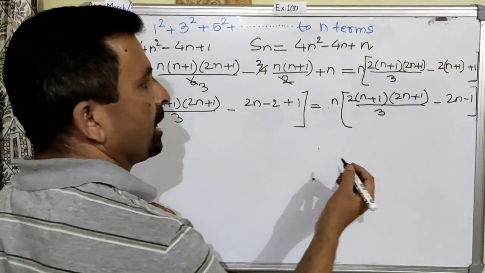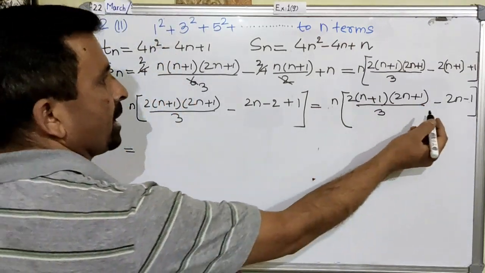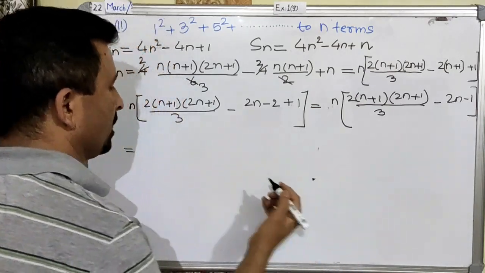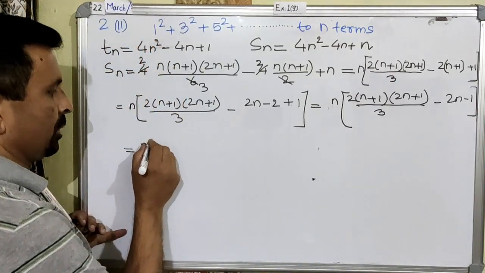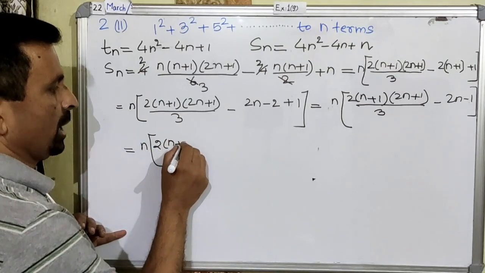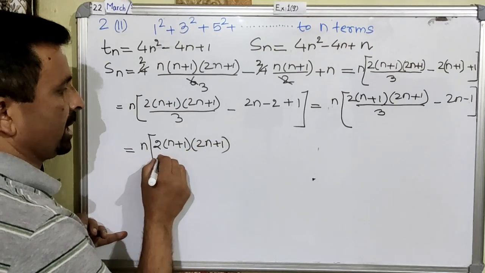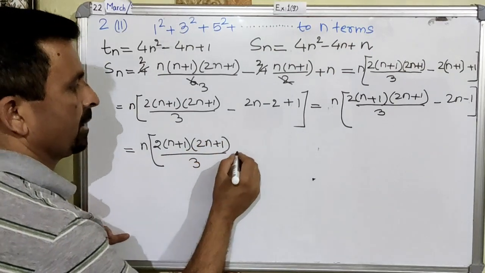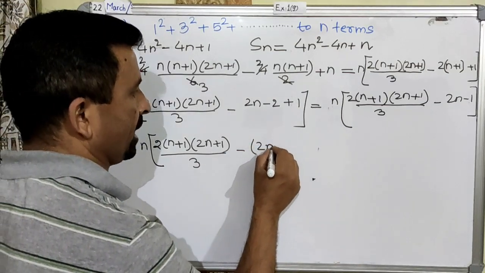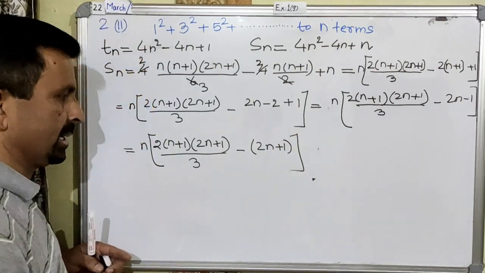Before that, I can also take this minus sign common. One step more: n into 2(n + 1)(2n + 1) divided by 3, and then I will take out the minus sign common, then this becomes 2n plus 1. If I take out the minus sign common, then I am getting a good result.